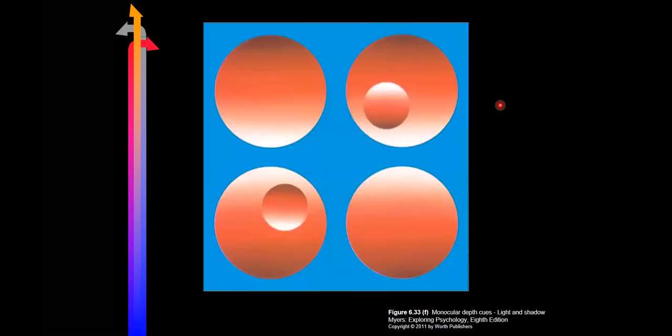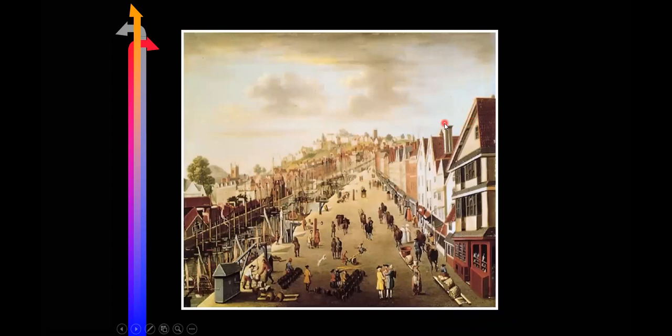Okay, here we have some shapes here, and you notice that the shading gives a sense of how far away the items are on the surface of that ball. So we'll go into a lot of detail on that. You'll also notice that many pictures that you see incorporate many different monocular cues.